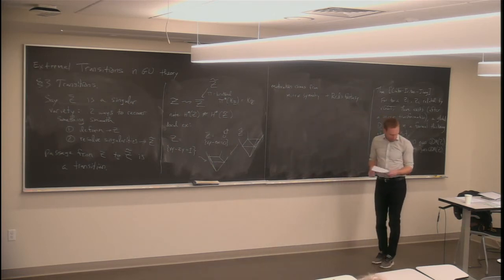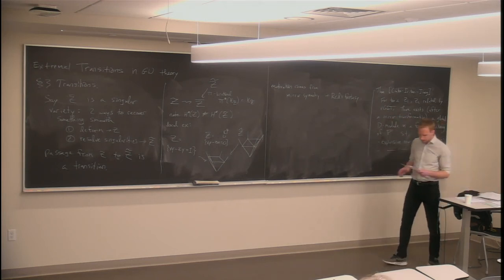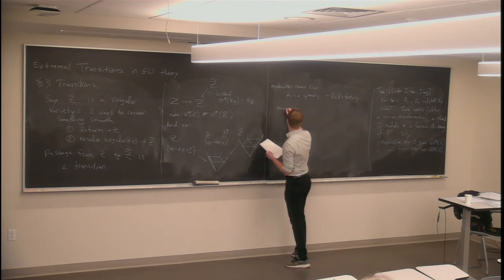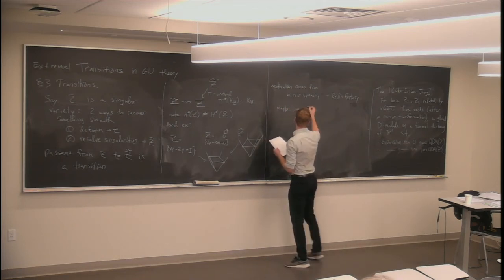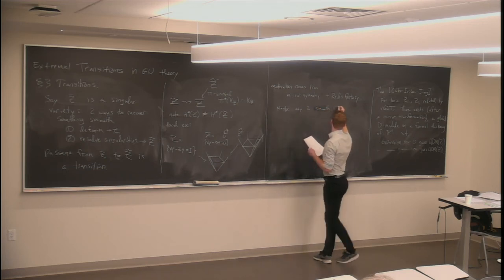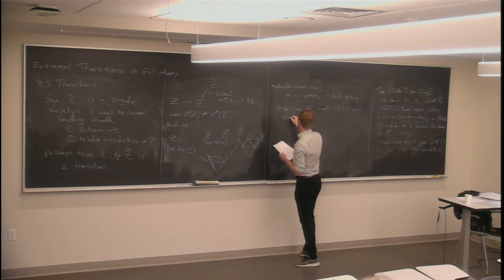So more precisely, the fantasy, the hope, is that maybe any two smooth Calabi-Yau threefolds are related by these transitions.